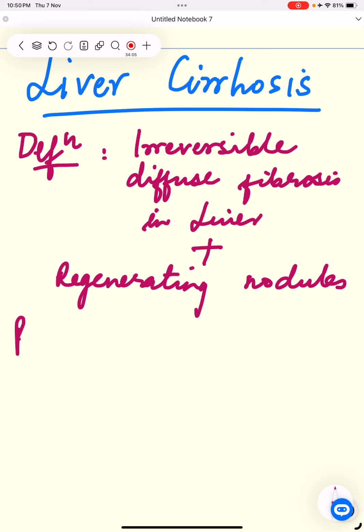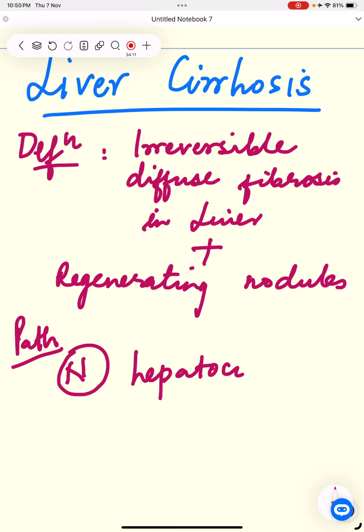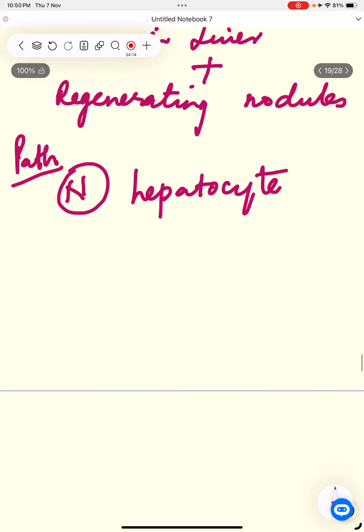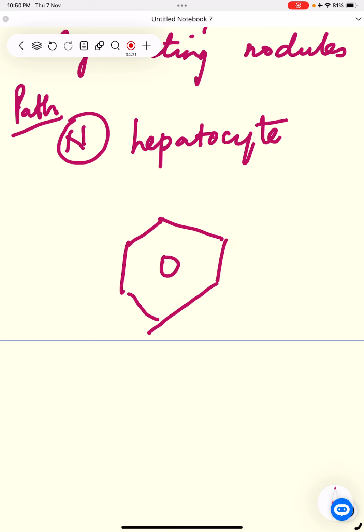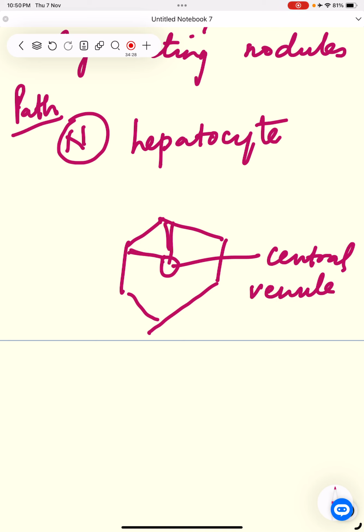Now, just to understand the pathology, let us see what is the structure of a normal hepatocyte, the liver cell. So, in this normal structure, there is a central venule. There are blood vessels.